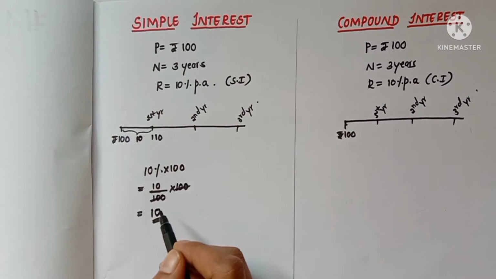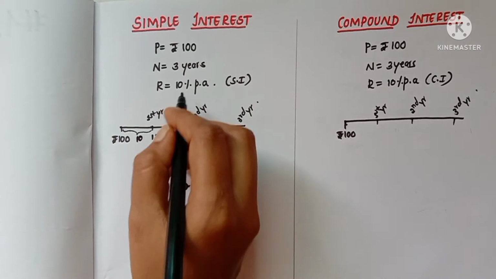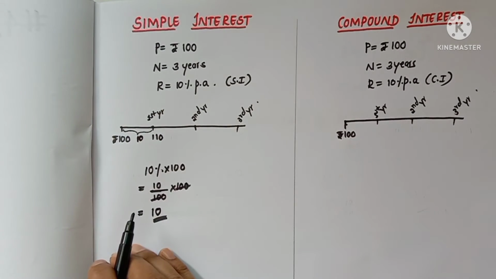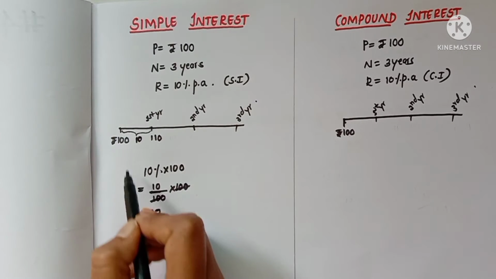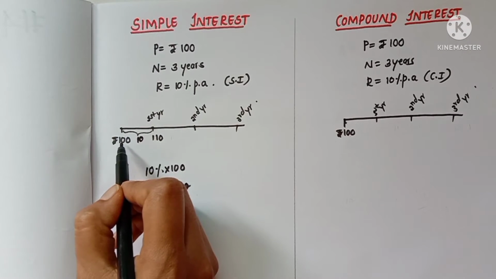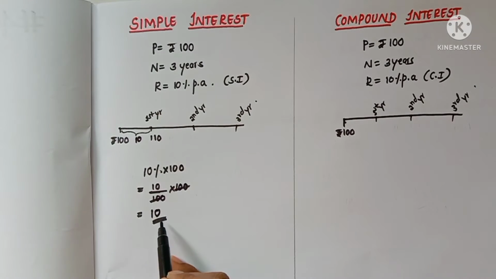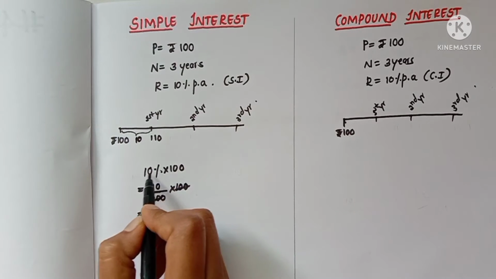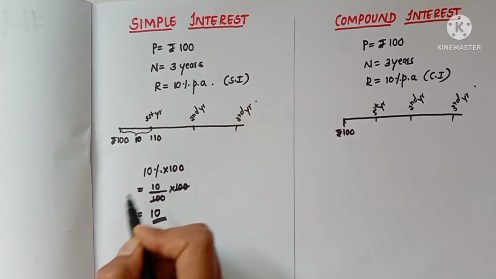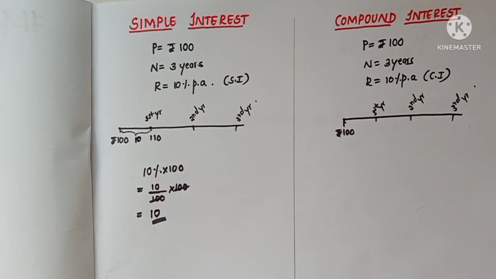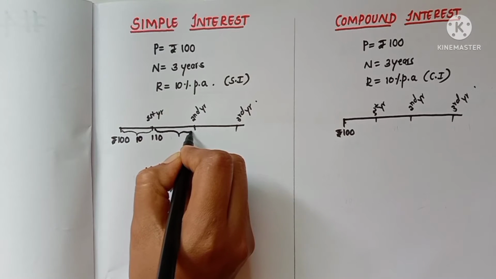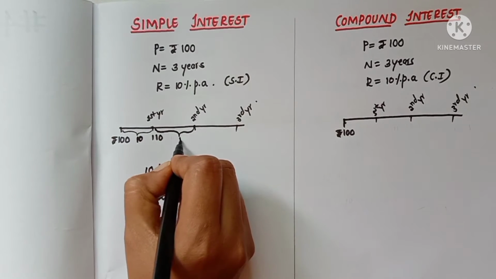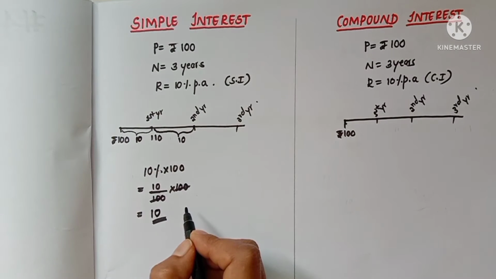For the second year, the interest is 10% only. But it is on the principal amount. What is the principal amount? It is 100 rupees. So, what is 10% of 100? This is rupees 10. So, for the second year also, the interest is rupees 10.